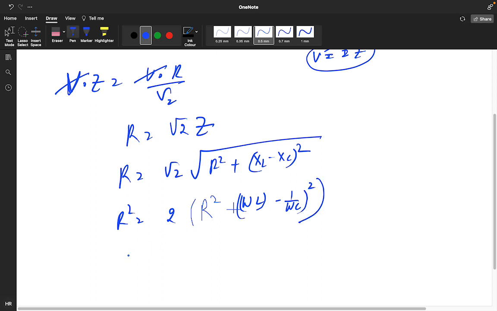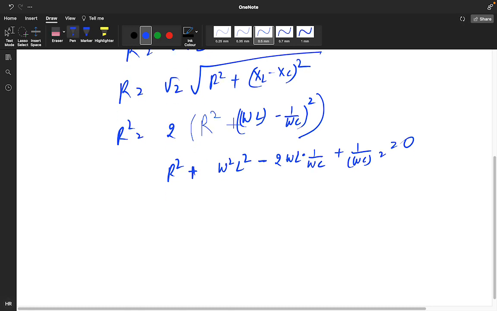Okay, so by solving this you will get R square plus omega square L square minus 2 omega L into 1 by omega C plus 1 by omega C the whole square is equal to 0.